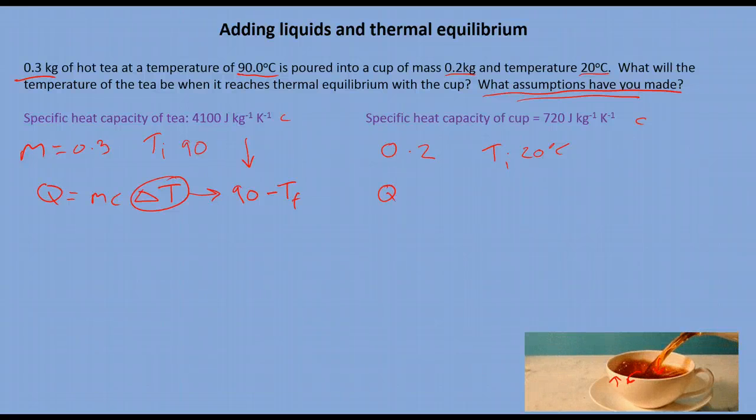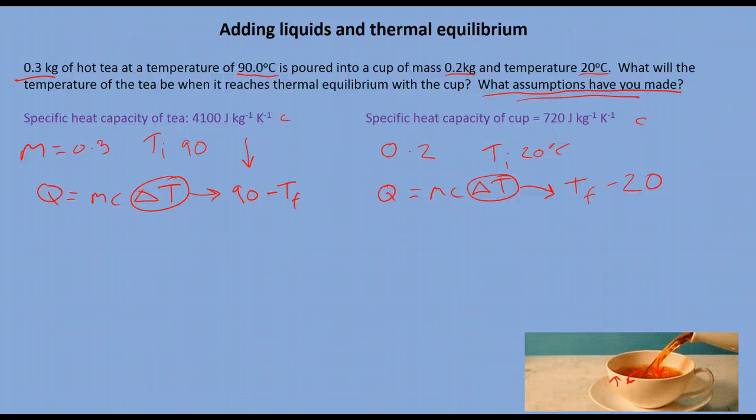For the cup, the temperature is going to go up as it absorbs thermal energy from the tea, so delta T is equal to T final minus 20, its initial temperature.